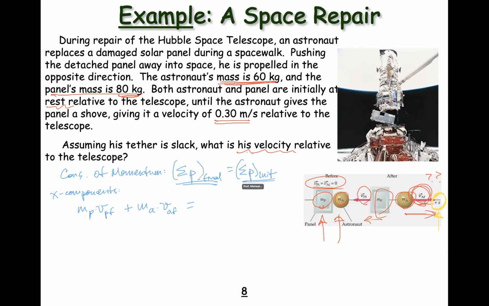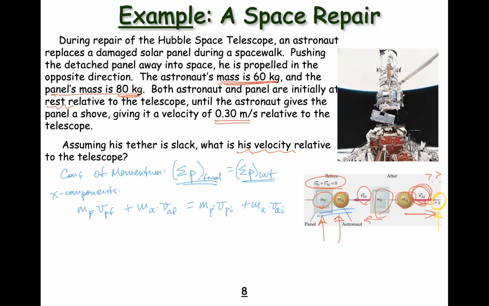Before the explosion, if we were to write it all out, and I'll do this once, we'd have mass of the panel times the velocity of the panel before the launch, and mass of the astronaut times the velocity of the astronaut before the launch. But whenever objects are stuck together, it's unnecessary to write separate velocities. We can usually merge those into a single velocity, and you'll see that in the next example.